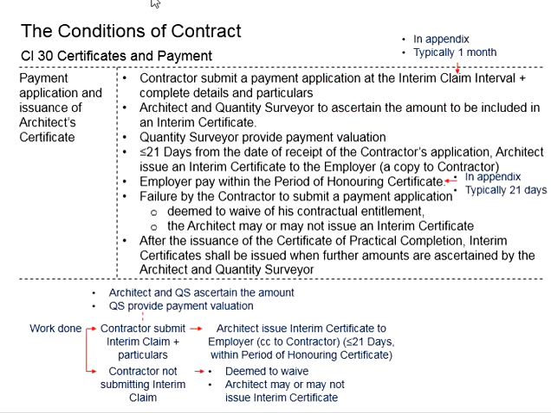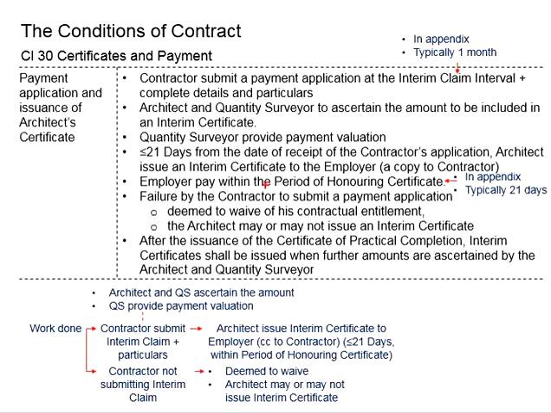This makes known to the employer the amount to be paid, and at the same time notifies the contractor regarding the entitlement for the payment.